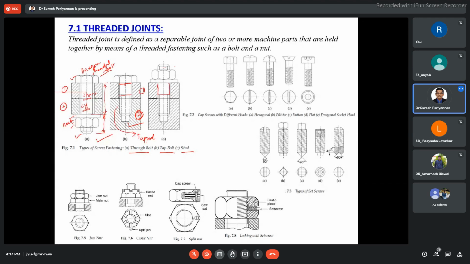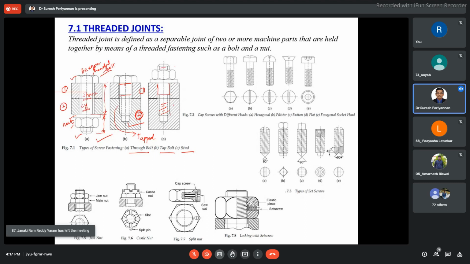First, I complete this stud, then I stop it. Okay. The stud is a cylindrical rod. Both sides are threaded portions. Here also the component should have a tapped region. Tapped region means internal threads. Then the stud can be easily accessed through the internal thread.